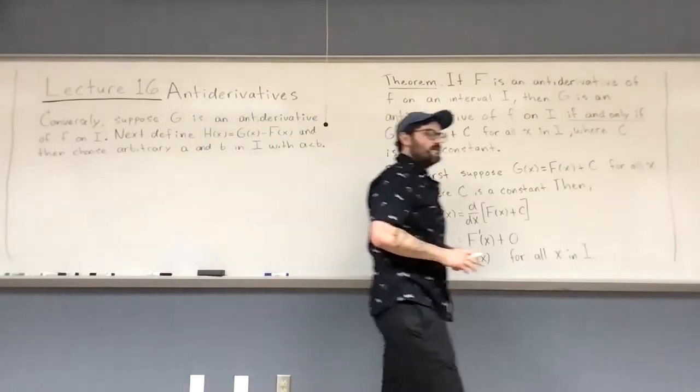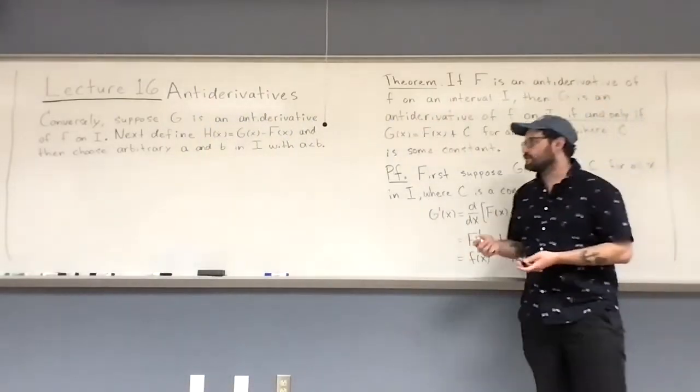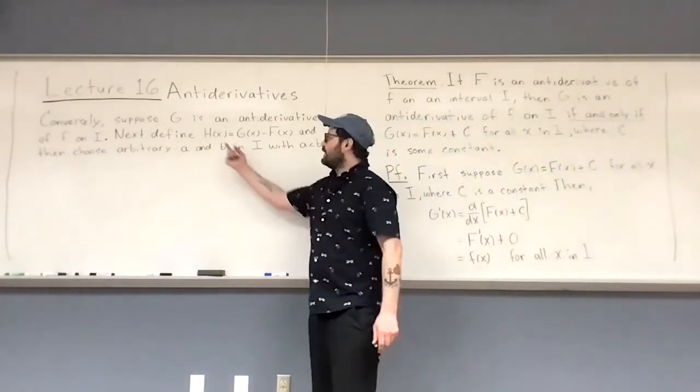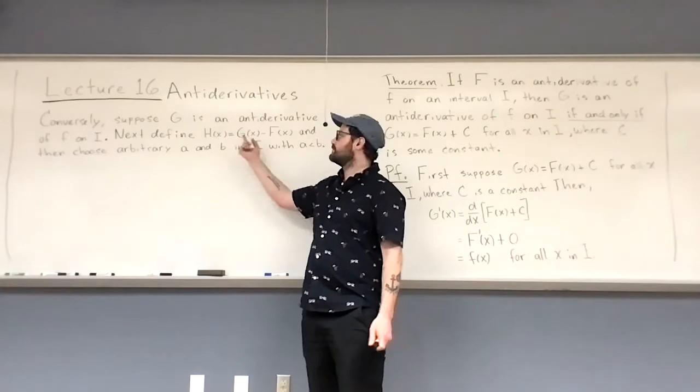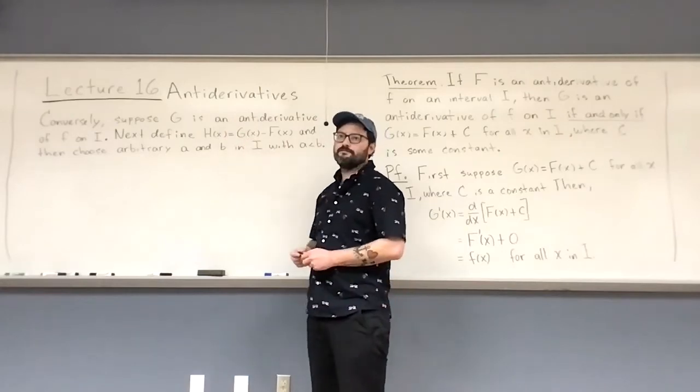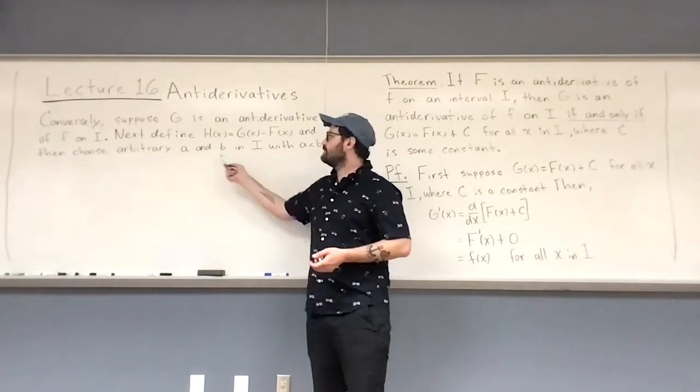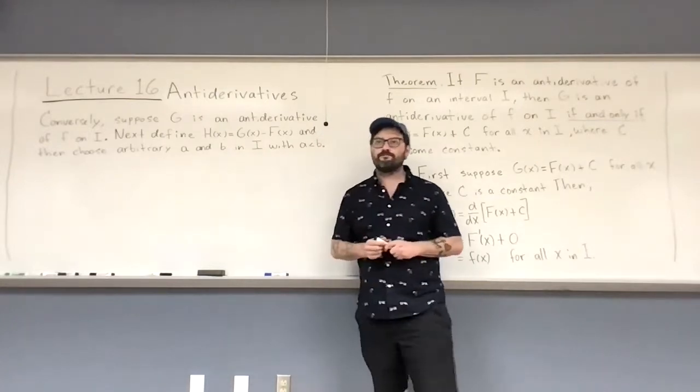You'll see why I'm doing that in a moment. Again, there's a little bit of cleverness here, I suppose. All right, so what did I do? I just defined some function called h. It's just the difference between g and F. Seems okay, right? And then I pick a and b in I with a strictly less than b.